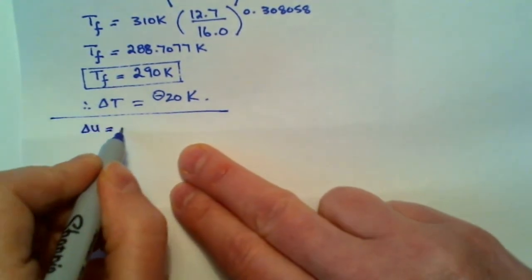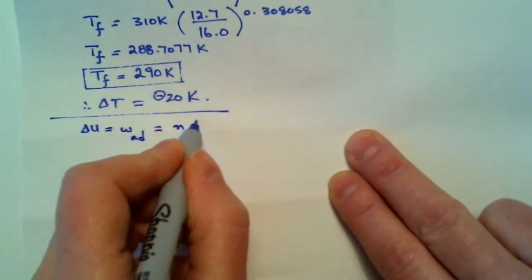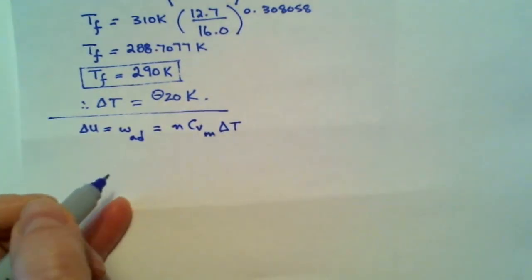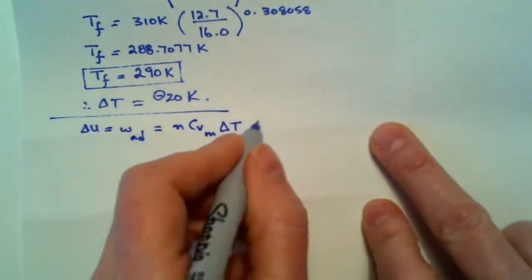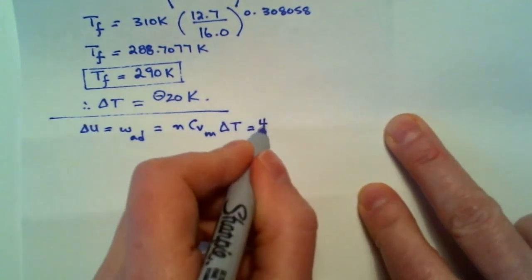Delta U is equal to the adiabatic work is equal to N CV molar delta T, and that is equal to my N.